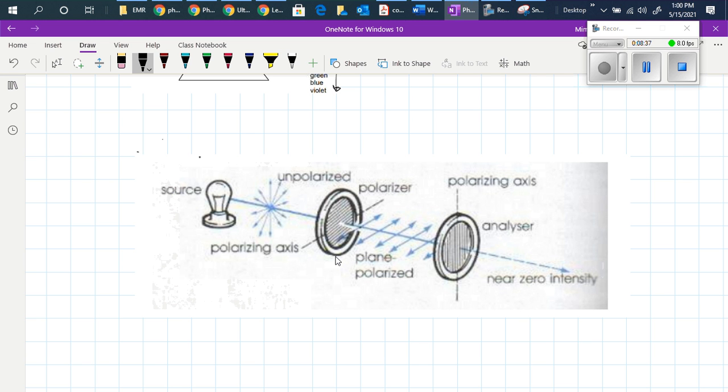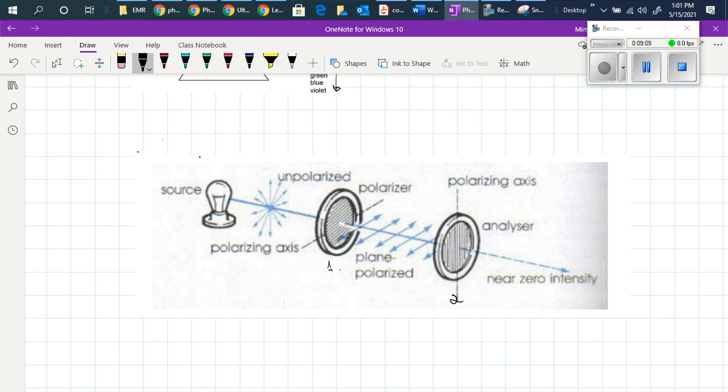And if right after the horizontal polarizing axis, that is polarizer 1 in this picture, you place a second polarizer which is perpendicular, then nothing is allowed to go through.